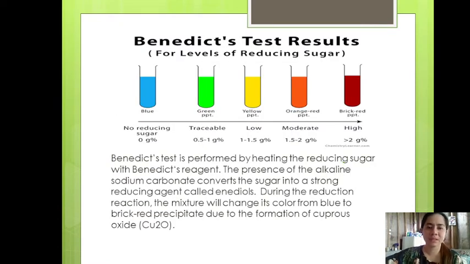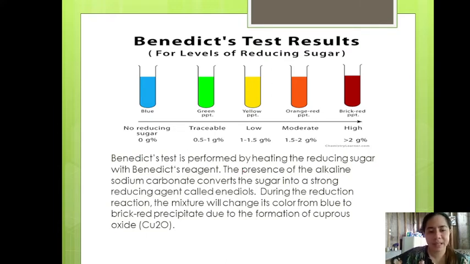In the Benedict's test, the result indicates the levels of reducing sugar. Benedict's test is performed by heating the reducing sugar with Benedict's reagent.